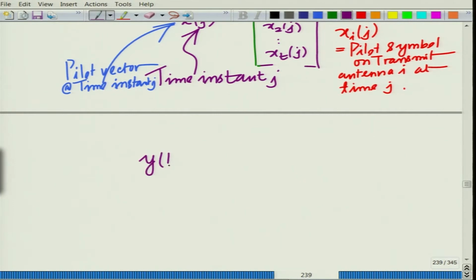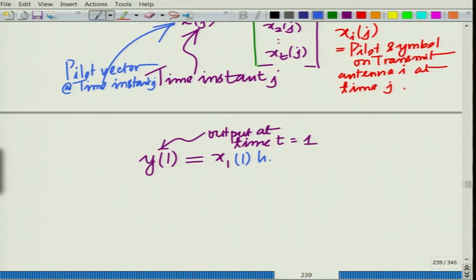So, we can model the output y1, that is the output at time 1, as equal to x11 times h1 plus the symbol on transmit antenna 2 at time instant 1 times h2, plus xt1 times ht, plus n1.